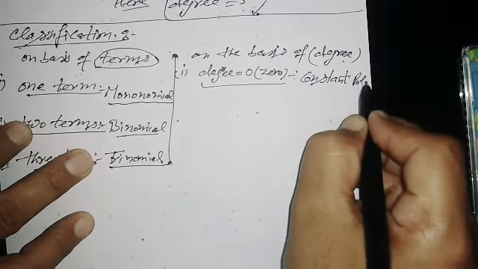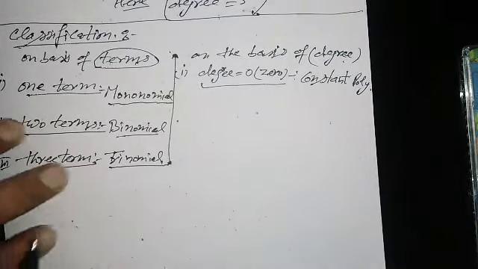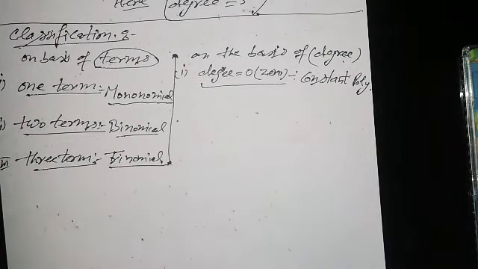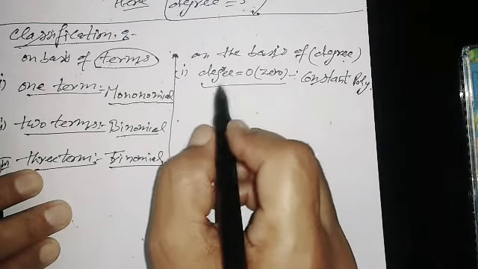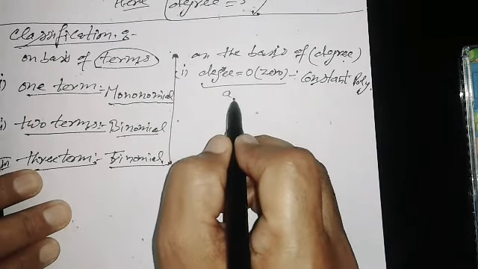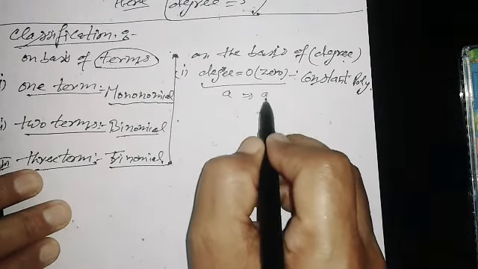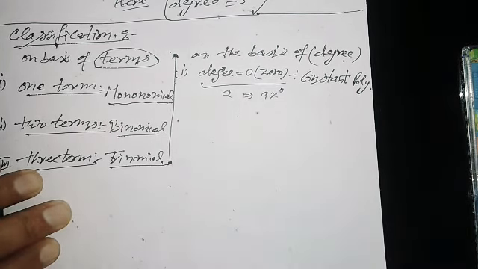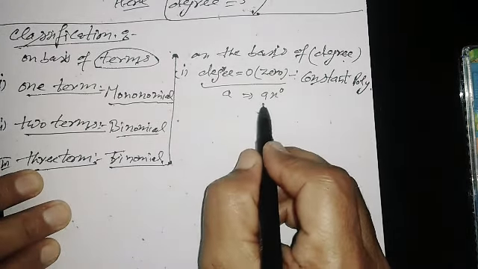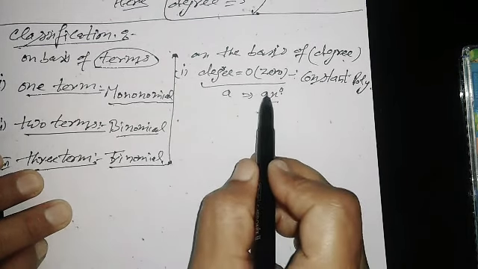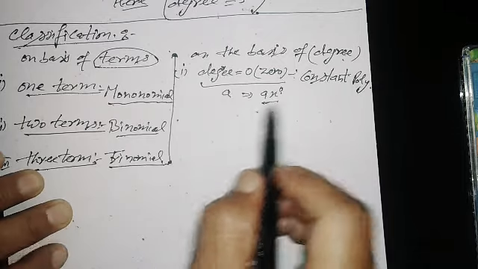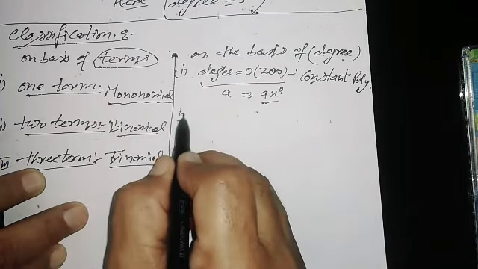It contains just terms which have no variable. You can say, for example, a. This a can be written as ax^0. So what is degree of this polynomial? 0. Right? So this is called constant polynomial.